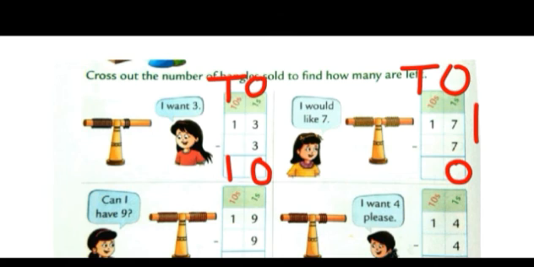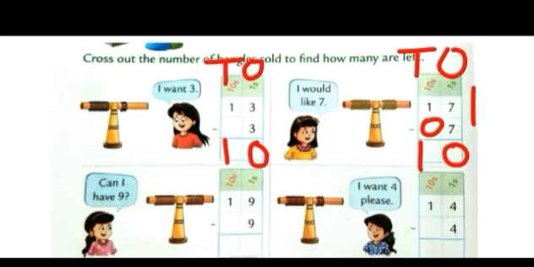Now we will move on to the step 2. 1 minus, if nothing is there, we can imagine 0 there. Okay. So 1 minus 0 is 1. When we subtract 0 from any number, we will get the same number.